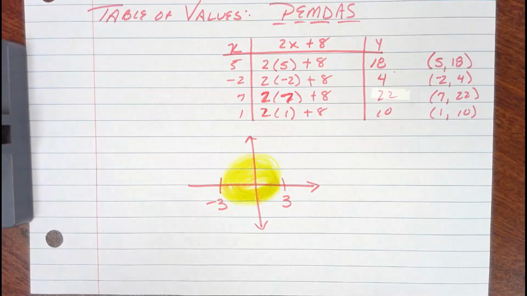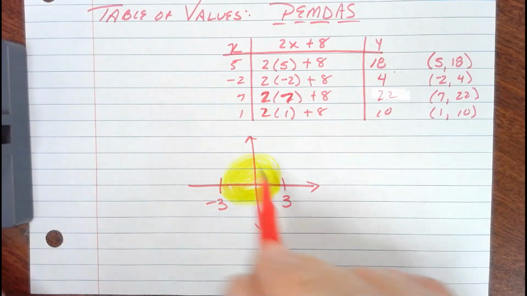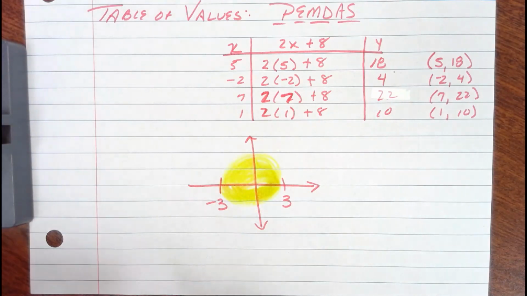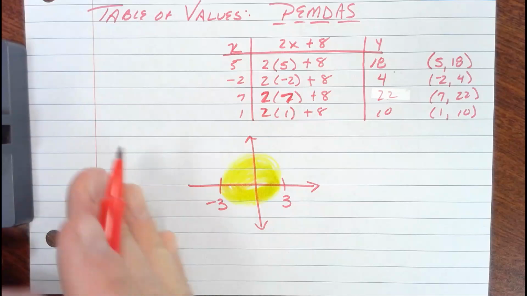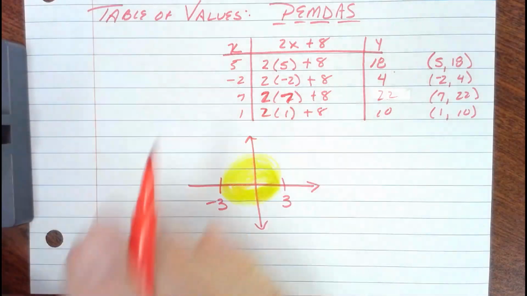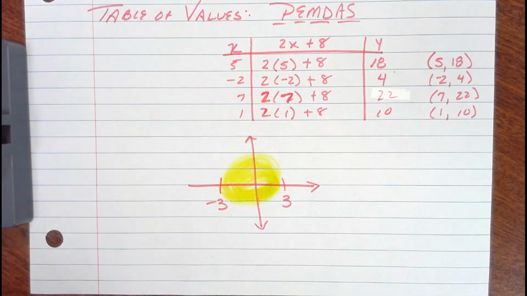Now we may be required or need to select additional values, but this generally gives us a pretty good idea and purpose. The other thing is our papers only go to 10 on each way on the grid, so we have to have most of our stuff right around here. Okay?